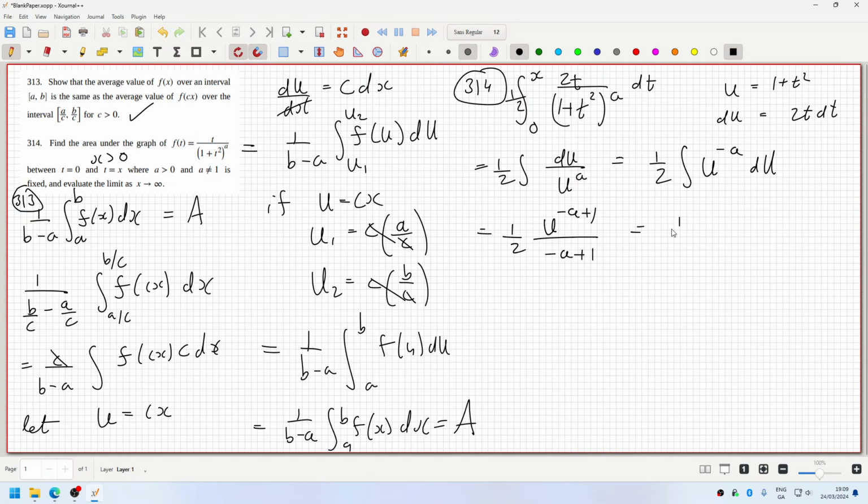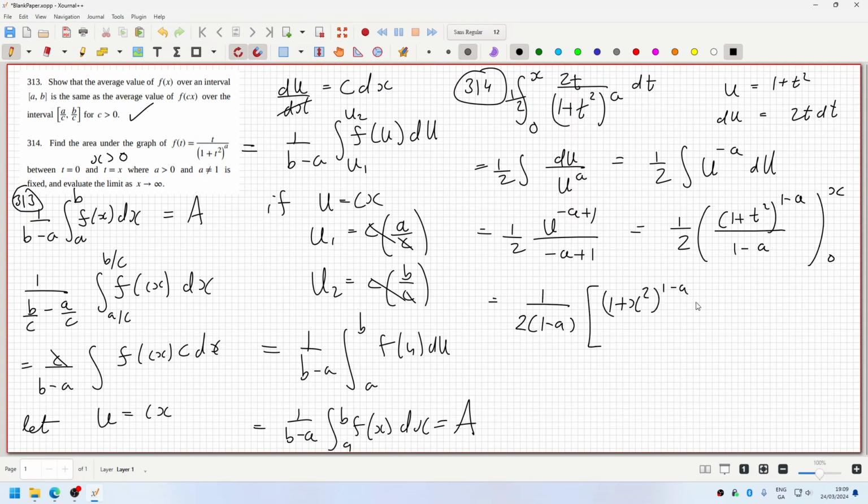So that would be a half, u, and u is 1 plus t squared, to the 1 minus a, all over 1 minus a, from 0 to x. So that would be 1 over 2 times (1 minus a), and then I'll put in x, so that's (1 plus x squared) to the power 1 minus a, minus, and then if you put in 0, you'll just get 1.